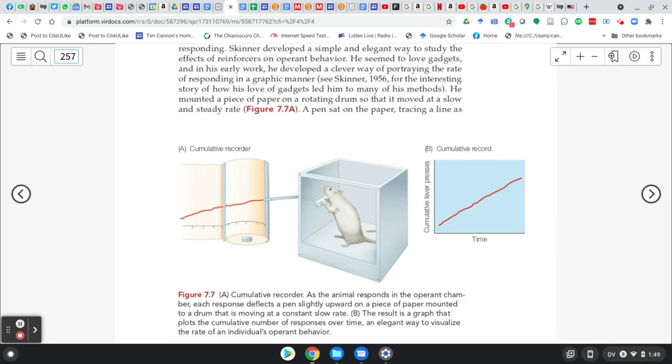Now, Pavlov did his stuff before electricity could help things, and Skinner had the blessing of electricity, so he didn't have to worry about having very delicate devices. But you may recognize this as looking a bit like a kymograph, and it is, except here, this is so bad. This is a roll of paper, and you never draw on the paper.